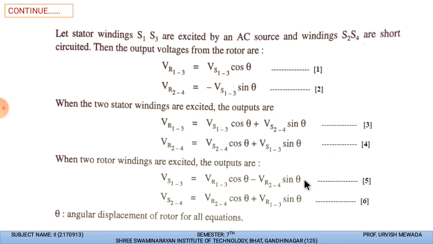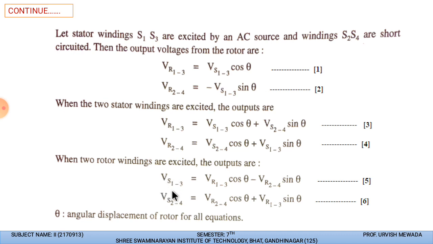And when two rotor windings are excited, the outputs are VS13 and VS24. As we give the input supply to the rotor conductor, it will produce the flux, and this time the flux is cut by the stator conductor. So as we give excitation to the rotor conductor, the output is VS13, because we are checking the output at the stator side.